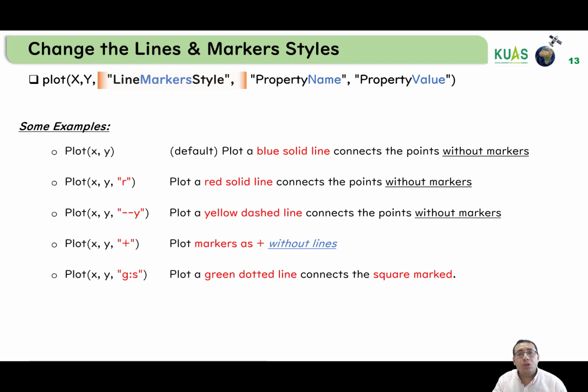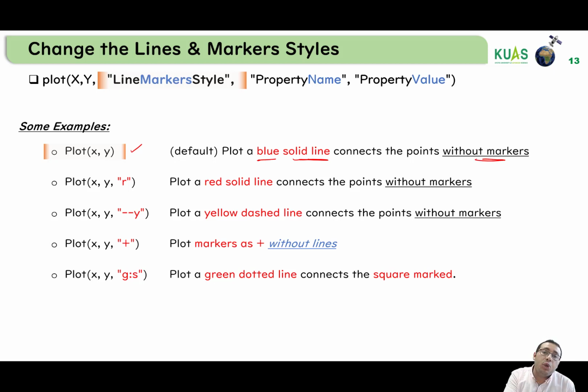And let's consider some examples for that. So we are still in the line and marker style, and we need some examples. For example, if we write for the first one, plot x comma y, it will be the default case. So it will use blue, solid line, and there is no marker, as we explained.